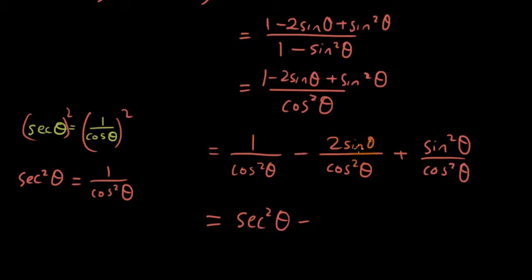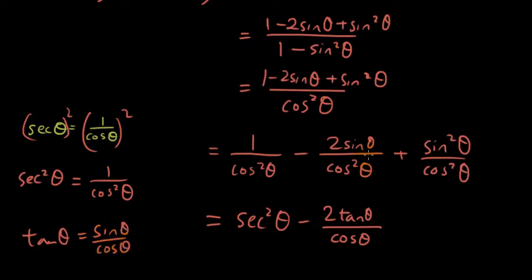Well, sine theta over cos theta is tan theta, so it becomes 2 tan theta over cos theta, because tan theta equals sine theta over cos theta. So if I cross out a sine theta and a cos theta on the bottom, then I will get tan theta, and I'm left with another cos theta on the bottom.